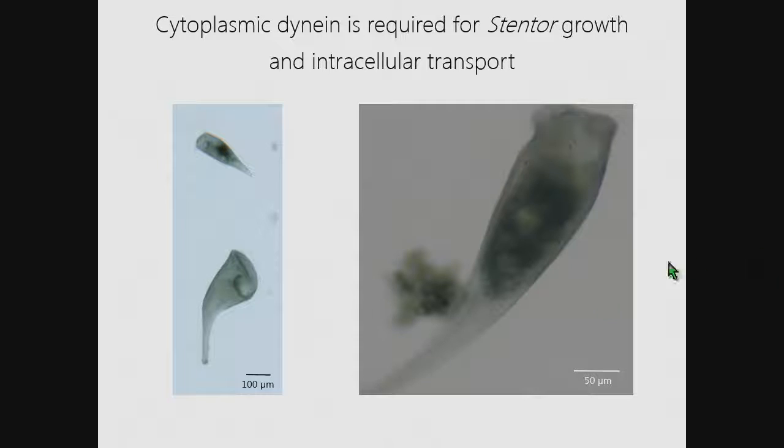And it looks like the color is absent from the tail, so I'm very curious about the nature of those vesicles. There's indirect evidence that dynein in Stentor might be walking towards the tail, and the fact that vesicles are accumulated in this region and absent from the tail would make sense in that context.